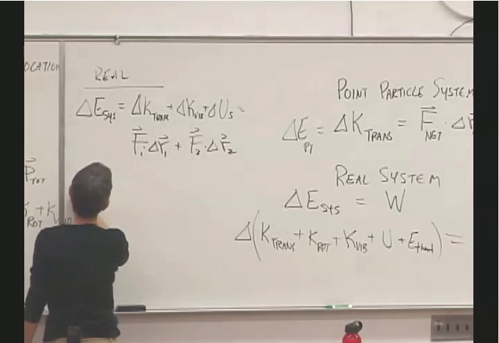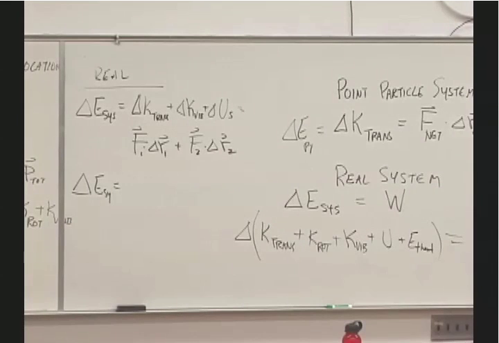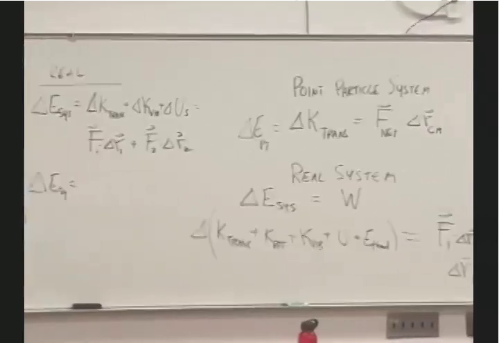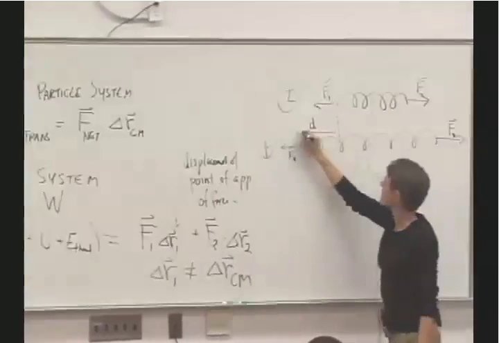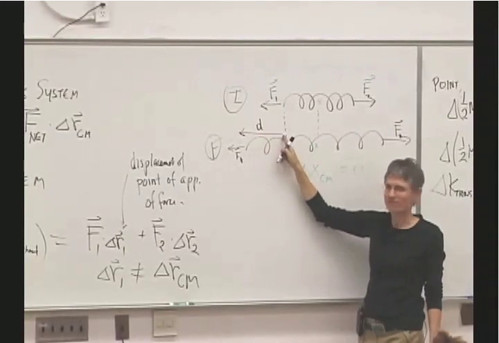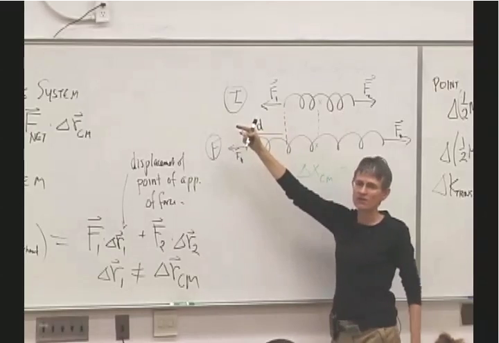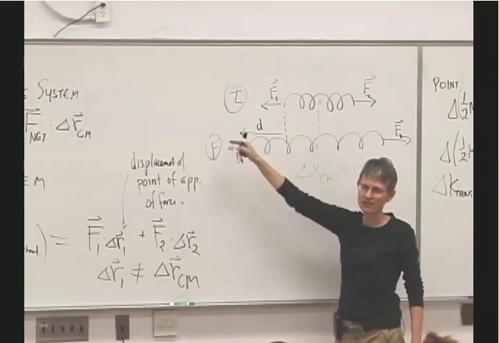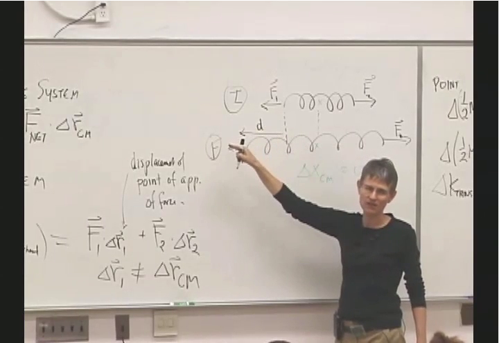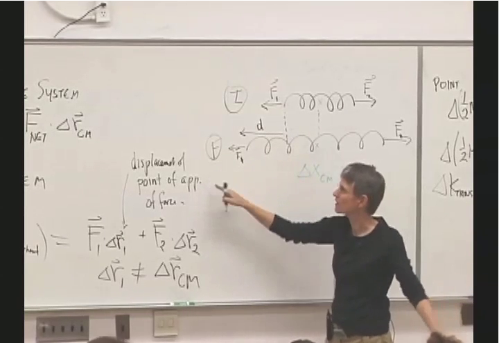Because, so we have the change in energy of the real system. Okay, here's F1, and I moved a distance d here. So I have, that's the displacement of the point where I applied F1, right? So negative x component of F, but d is a negative number. Delta x is negative here. We move from 0 to minus 2 meters, something like that, okay?